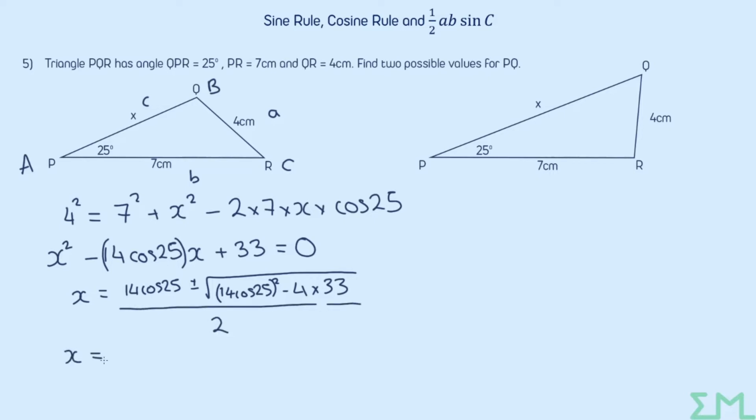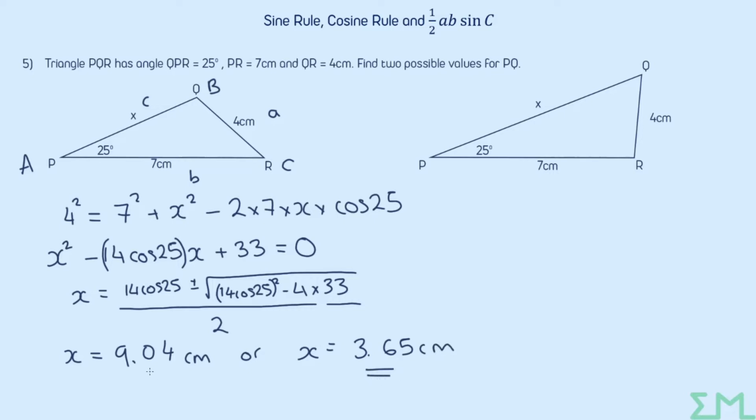And then if we pop these in, we should be expecting to get the two answers that we got using the sine rule method. Okay, so the first answer that we get out is 9.04 centimeters, and the second answer that we get out of that is 3.65.